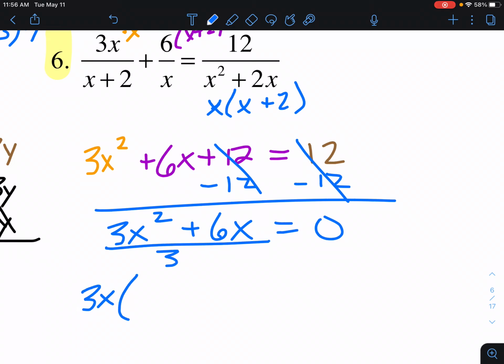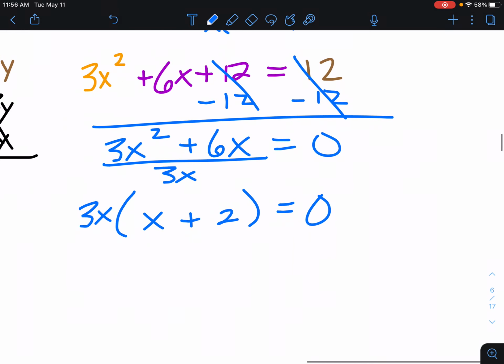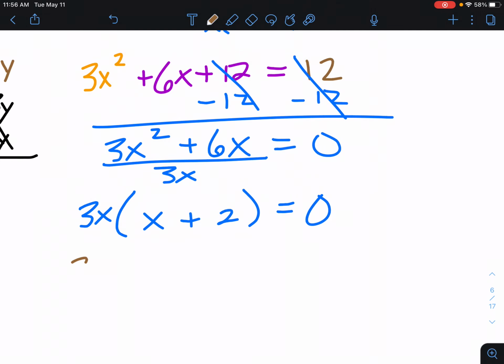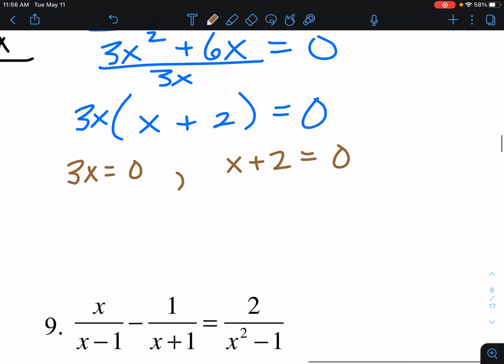So then divide everything by 3x to have x plus 2. Easy GCF problem. So now it's factored. We can get our 2 answers now. Set each factor equal to 0. And we're going to solve.